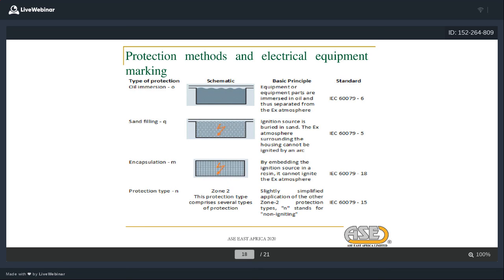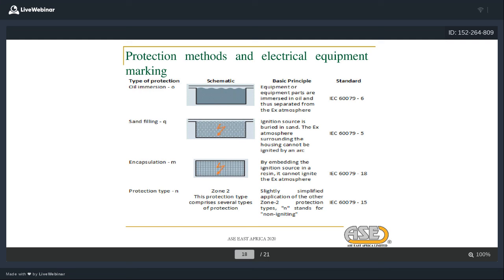We have the type of protection, oil immersion. The equipment which can cause ignition is immersed in oil, separating it from the explosive atmosphere. Sand filling, encapsulation. These protection methods are divided.